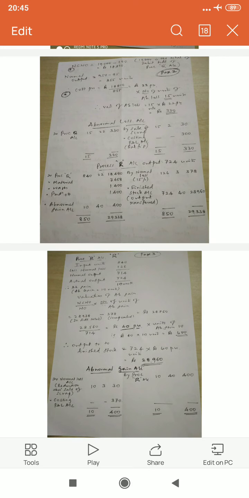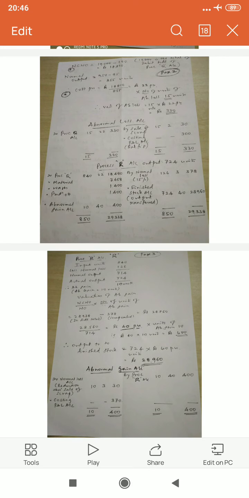Now, we have to make valuation of abnormal gain. Same formula, that is normal cost of normal output divided by normal output multiplied by number of units of abnormal gain. Now, first to sum up the debit side of process R account. Having summed up the debit side of process R account, how much would it be? It would be 28,560. It would be not 560, it would be 28,938.